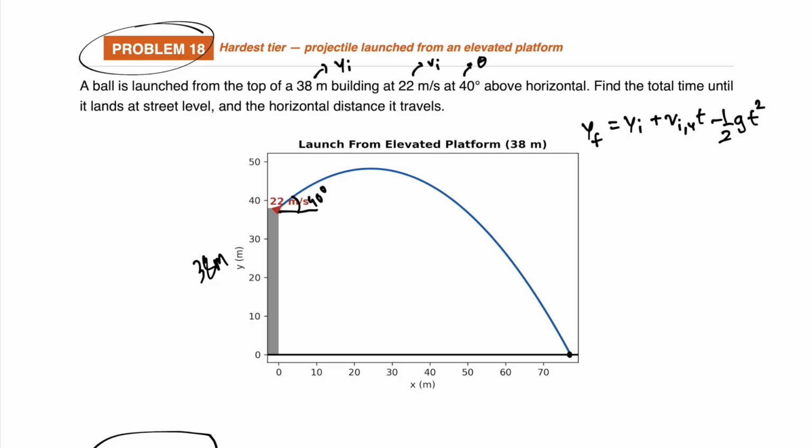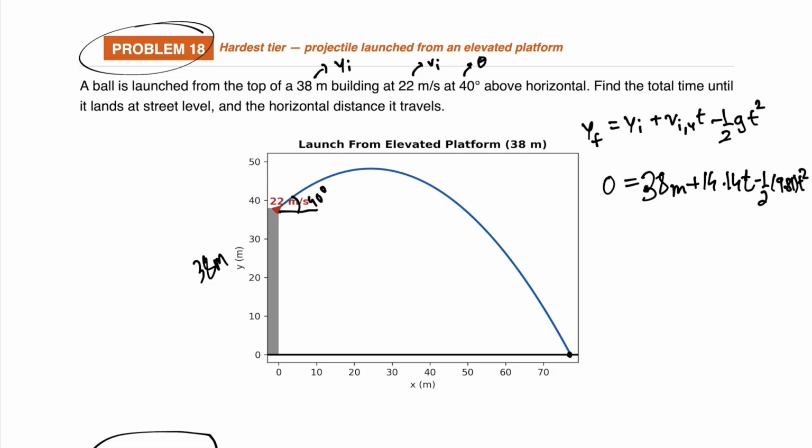So YF should be 0 because it hits the ground. YI is 38. 22 is the velocity, velocity initial, so VIY is just 22 times sine of 40, which is 14.14 T minus 1/2 times 9.81 times T squared.